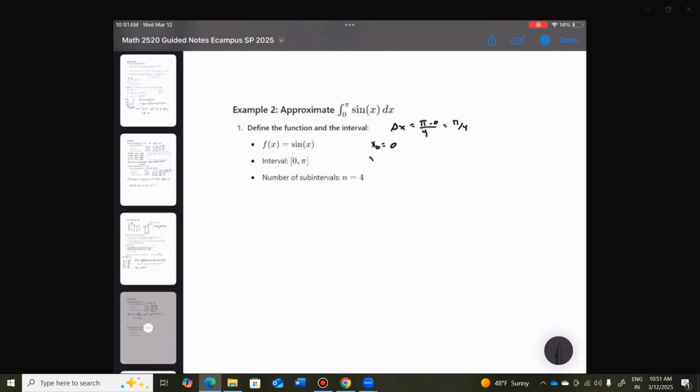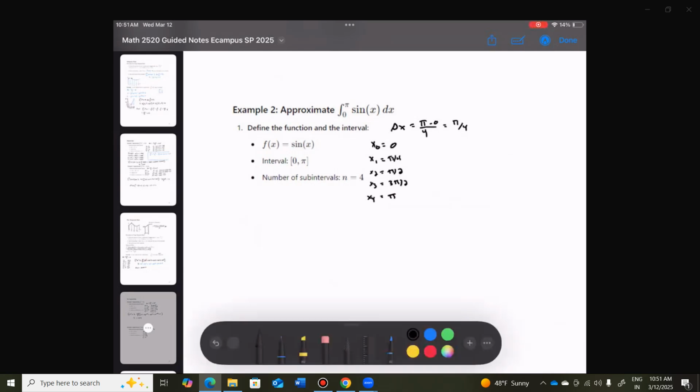X sub 1 is pi over 4. X sub 2 is pi over 2. X sub 3 is, I'm sorry, 3 pi over 4. And x sub 4 is pi.